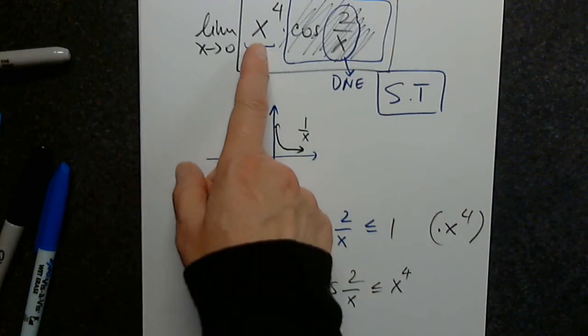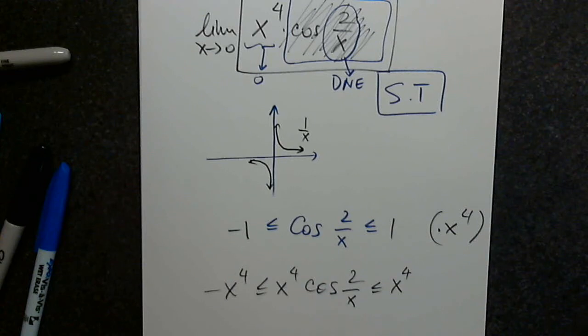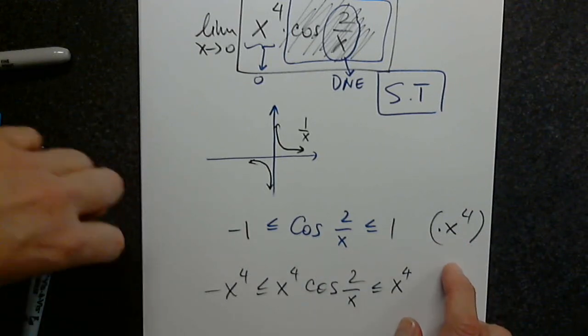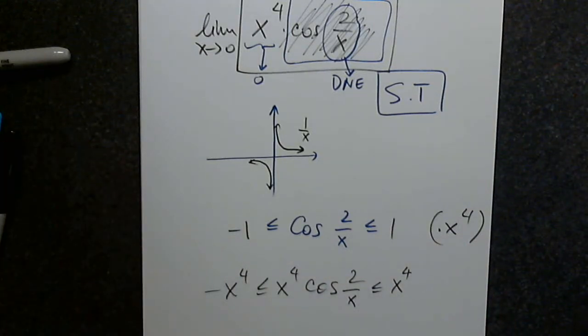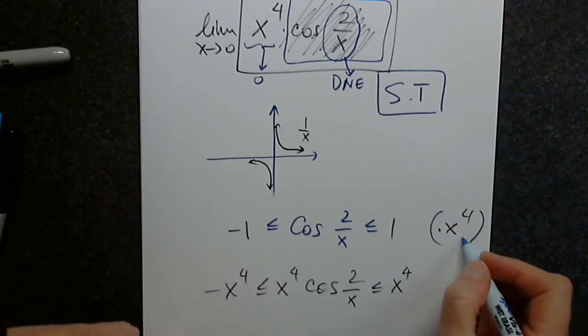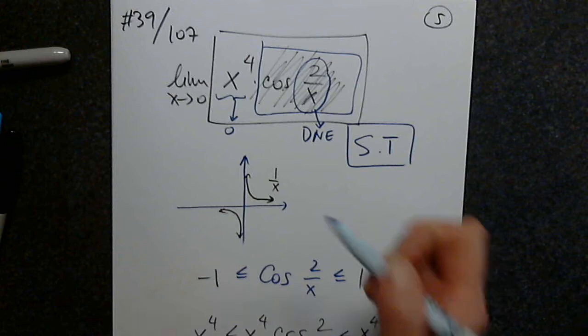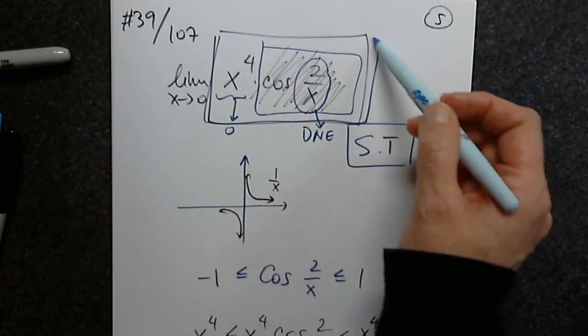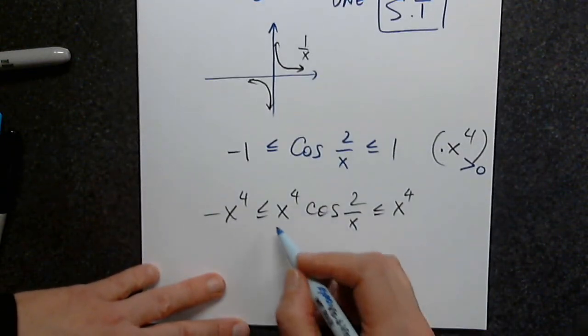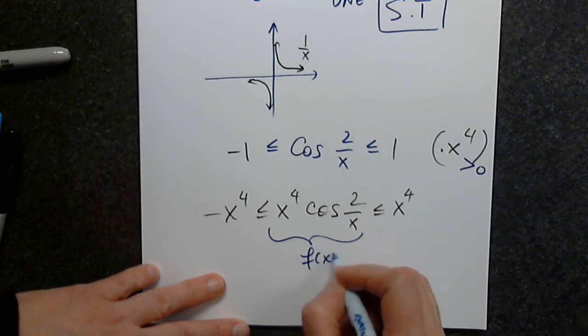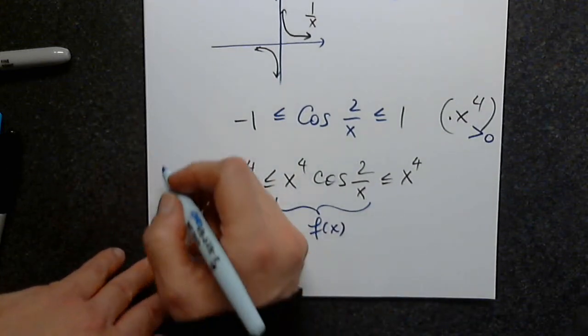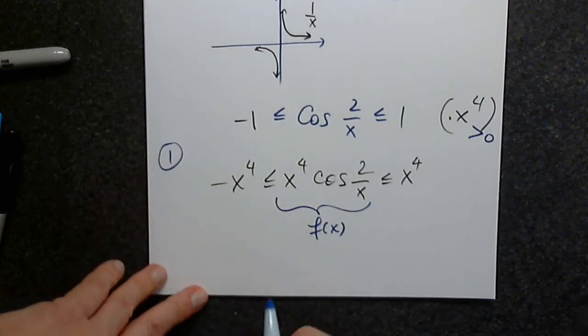So we multiplied all 3 sides by x to the fourth, because it's not 0 and it's positive. We don't have to switch inequality symbols or anything. So this is greater than 0. So now I have indeed in the middle the squeezed function. So this is the first hypothesis.